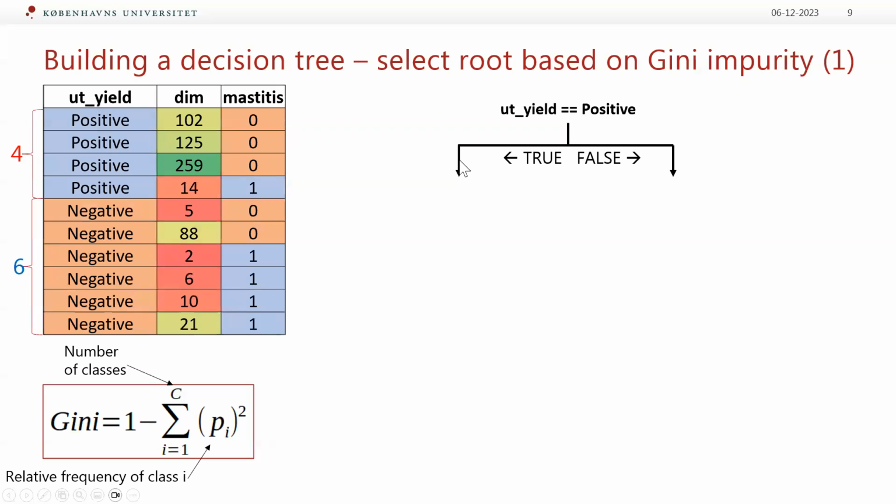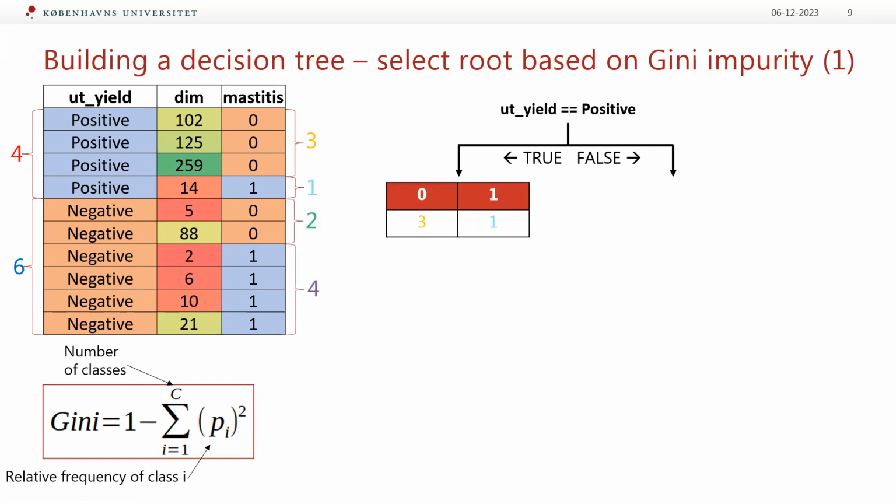And in the cases where this statement is false, we have 6 observations. For the cases where this is true, we have a total of 3 cases without mastitis and 1 case with mastitis. So we can put that in this nice little table.